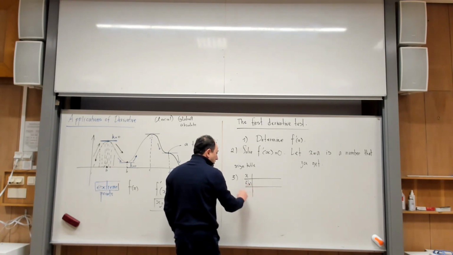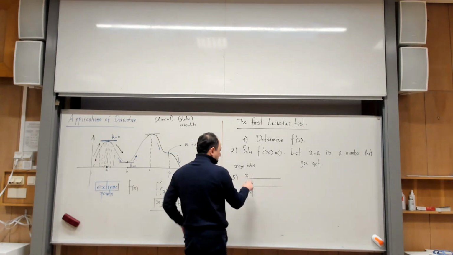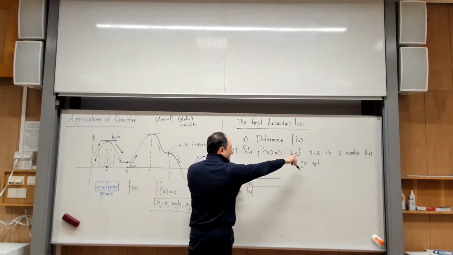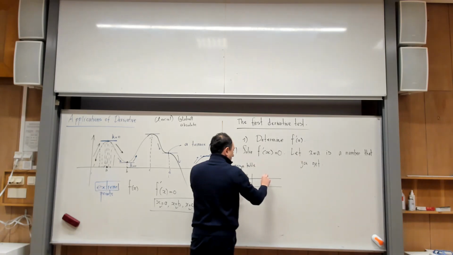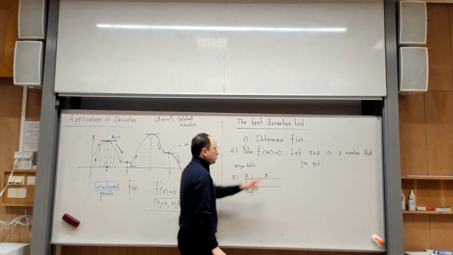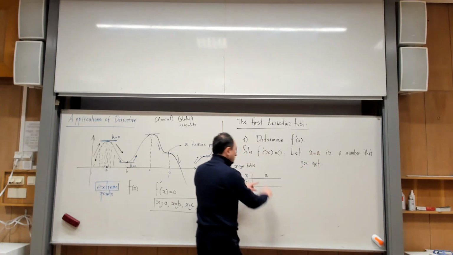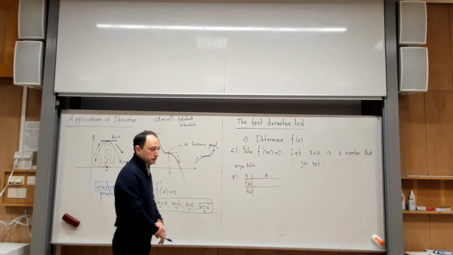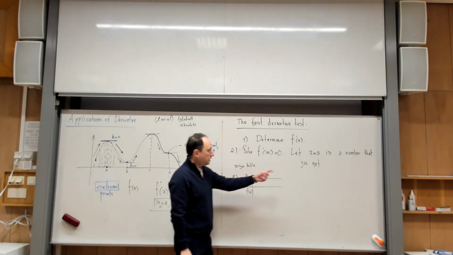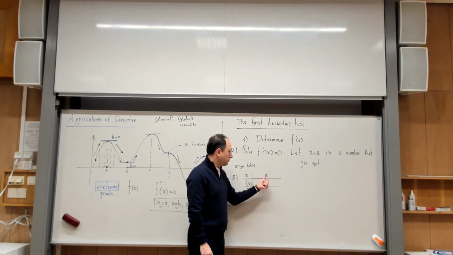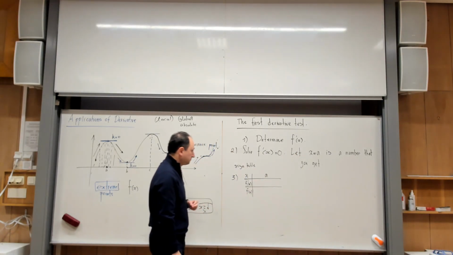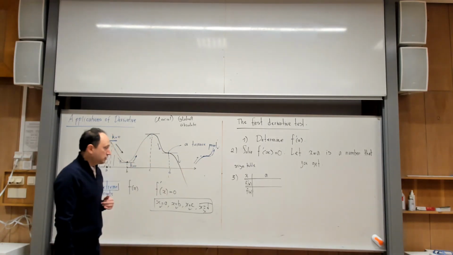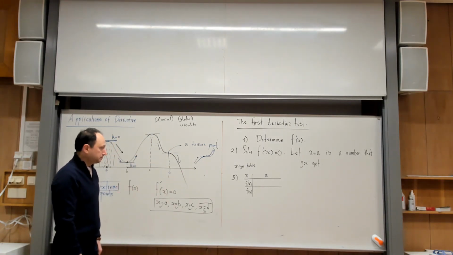And the third one is the function itself. This means that the number that you get, you put it here. If you get more points, you put all of them here, but you have to pay attention to the order. If you get 1 and you get 2, 1 should come first, 2 should come second, in increasing order from left to right.